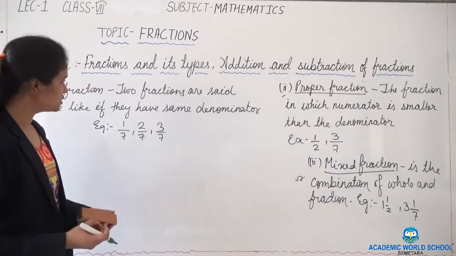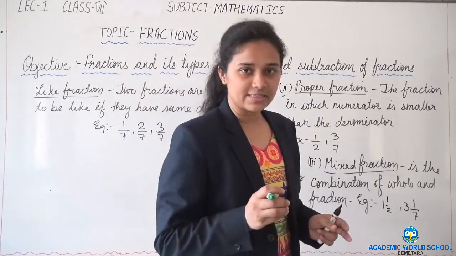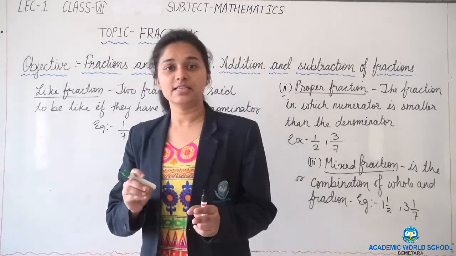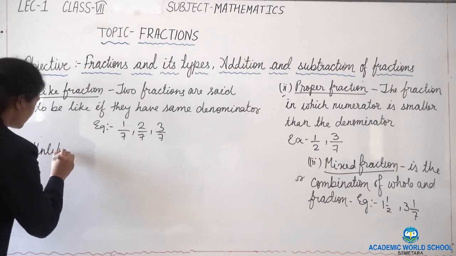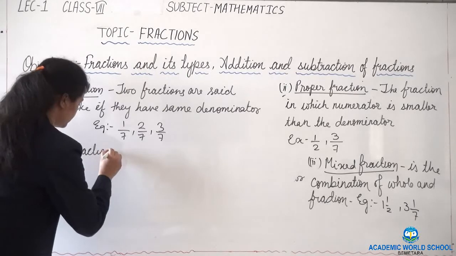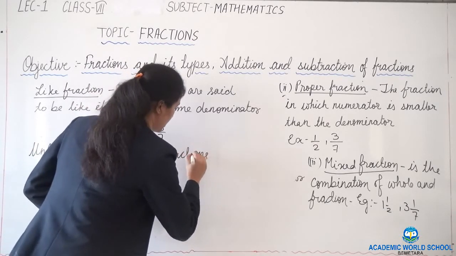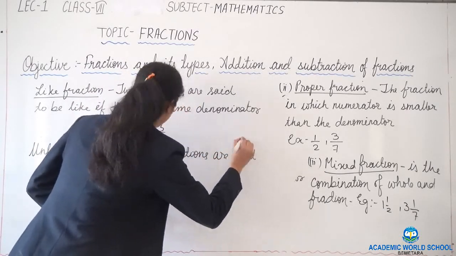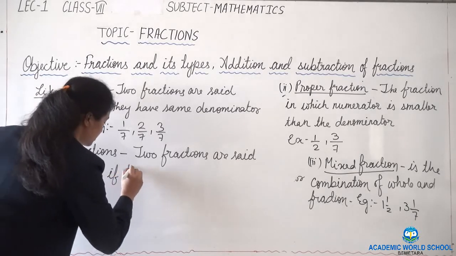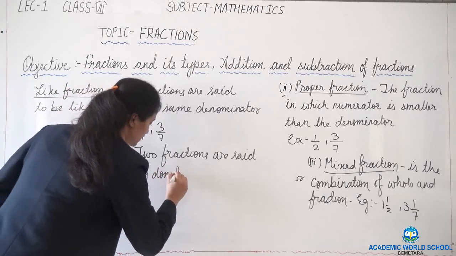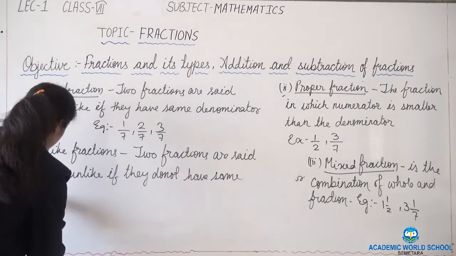The reverse or the opposite of it is unlike fraction. Unlike fraction means the two fractions are said to be unlike if they do not have same denominator.